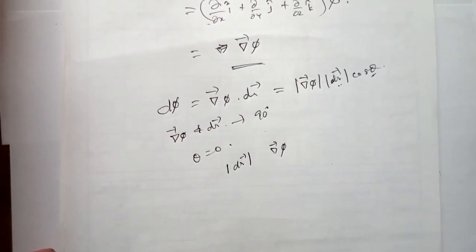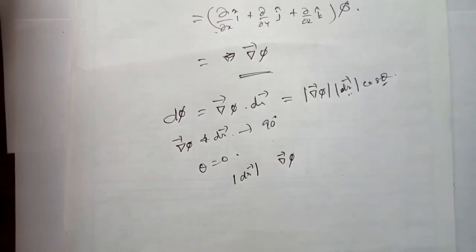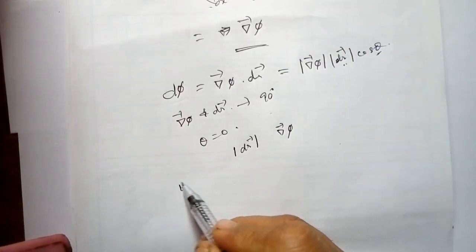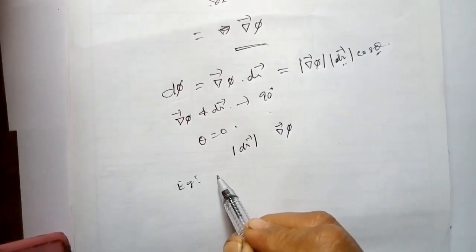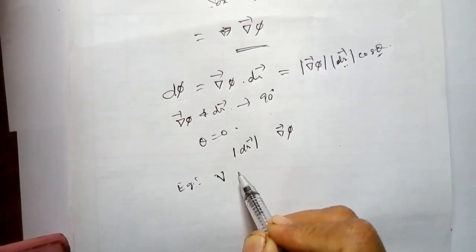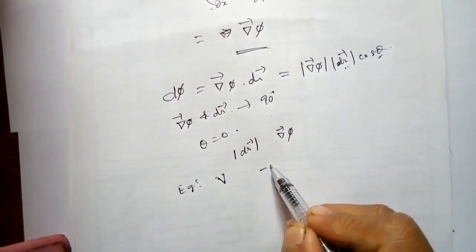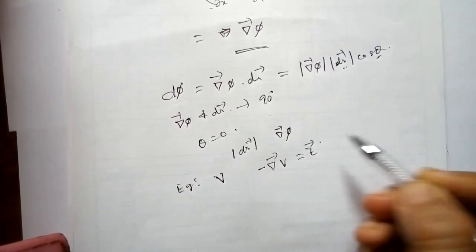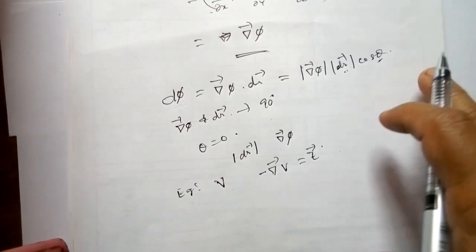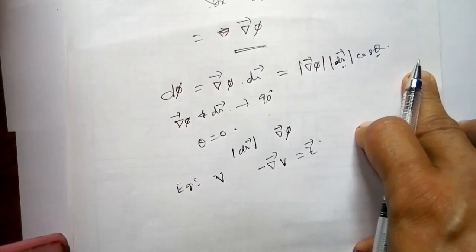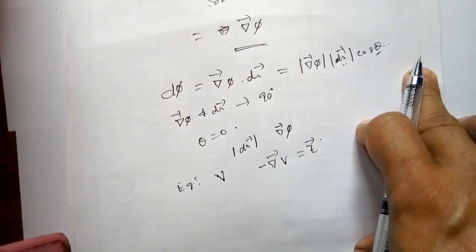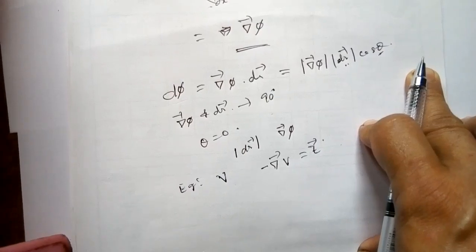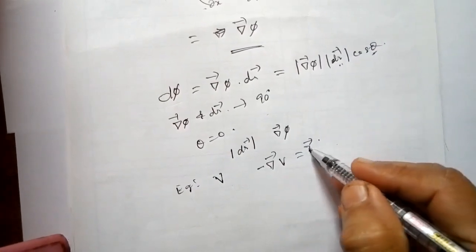For example, we can take electric potential V as a scalar function. But minus del V, that is the electric field intensity, is a vector which shows how V, the electric potential, varies in the neighborhood of a point. That's exactly what this says.